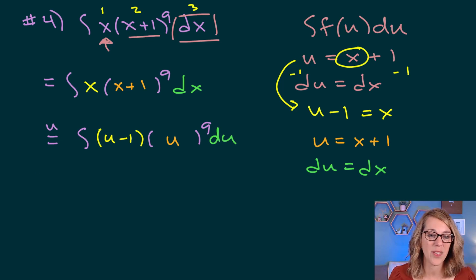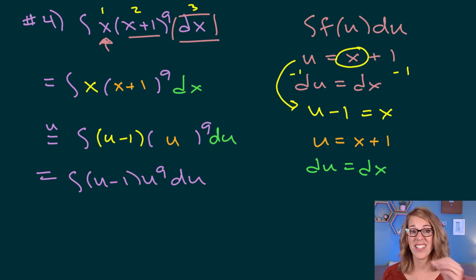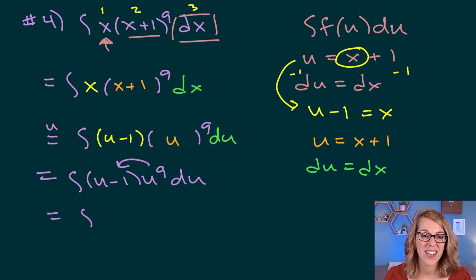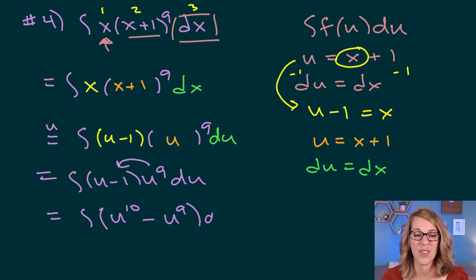Let's write this so that it looks a little bit cleaner. (u minus 1) u to the 9th du. I just need to distribute that u to the 9th so I can use a power rule term by term. So the next step, u times u to the 9th is u to the 10th. Negative 1 times u to the 9th is negative u to the 9th du.